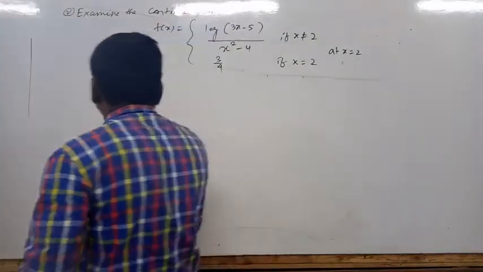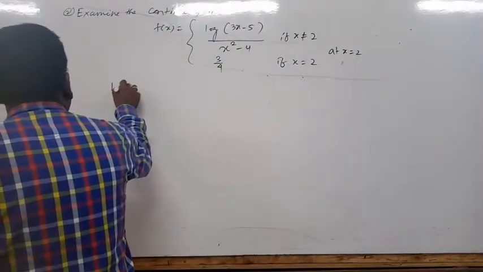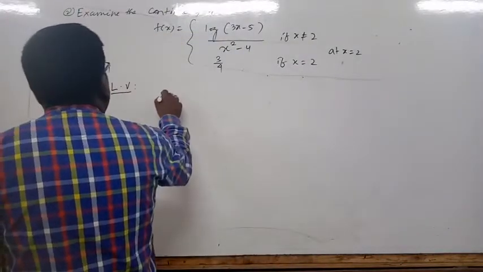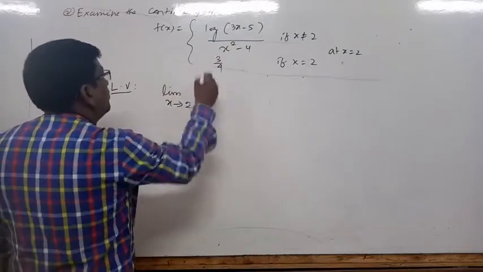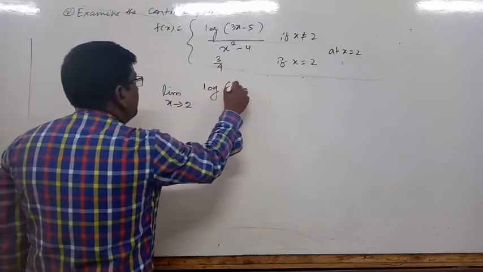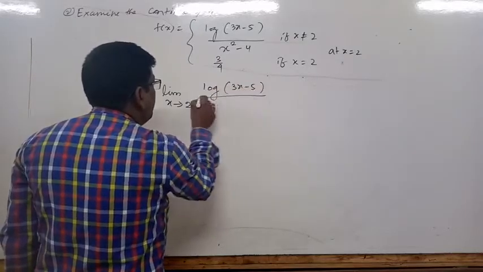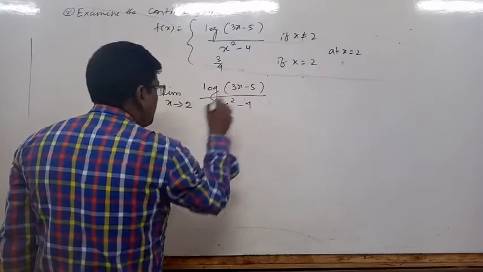This is the limiting value: limit x tends to 2 of log of 3x minus 5 divided by x square minus 4.